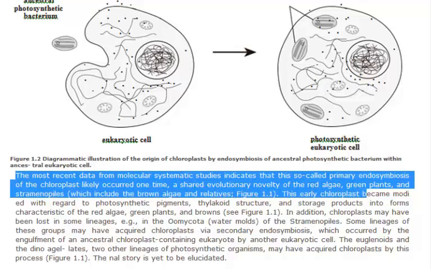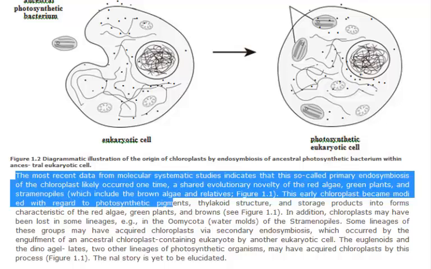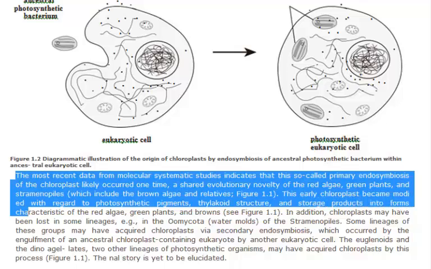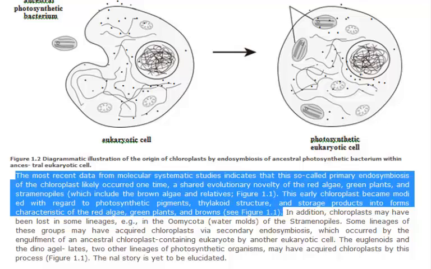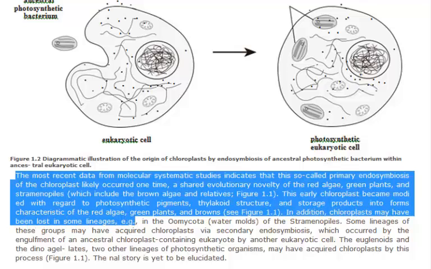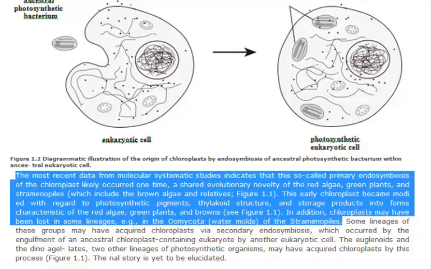This early chloroplast became modified with regard to photosynthetic pigments, thylakoid structure, and storage product into forms characteristic of the red algae, green plants, and browns. In addition, chloroplasts may have been lost in some lineages, for example, the Oomycota of the stramenopiles.